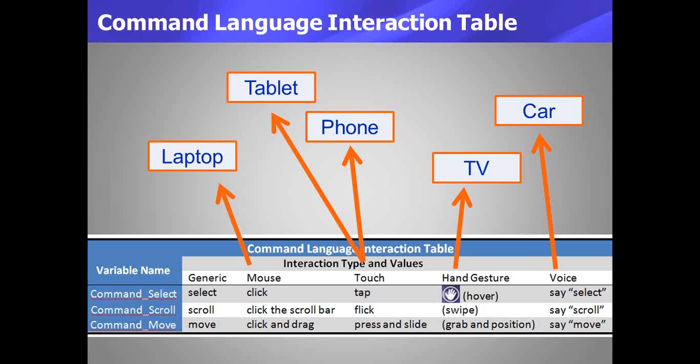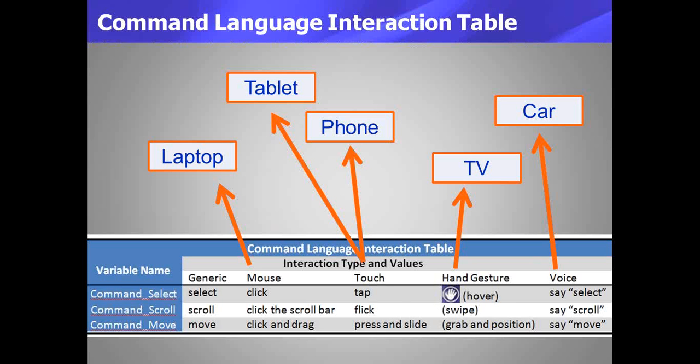But you can see that I have the generic verbs and then the equivalents for different interaction types, and then I can use that in a variable scheme in an authoring tool like RoboHelp.